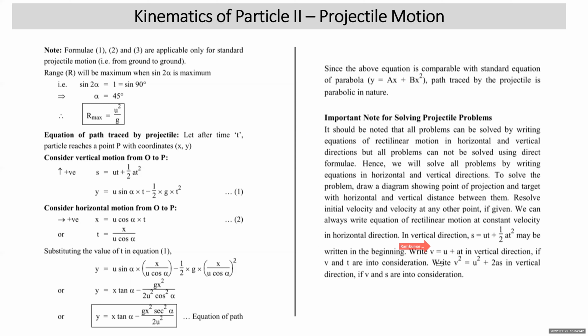You should write v square is equal to u square plus 2as in vertical direction only when v and s are under consideration. So if you remember this point, this is the key to solve any projectile problem without mugging up or remembering any formula. You are converting your projectile problem into a problem of rectilinear motion.